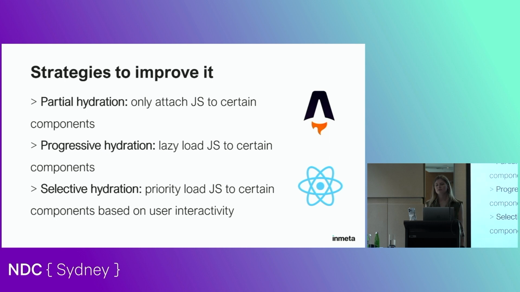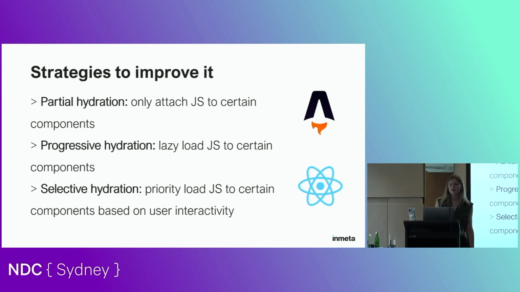And there are many techniques being utilized in different frameworks to solve the hydration problem. Partial hydration can be used to define that only certain components need to have JS attached to them. For example, in Astro, you can define which components to load JavaScript for with client load. And we'll also see partial hydration in React Server Components later.